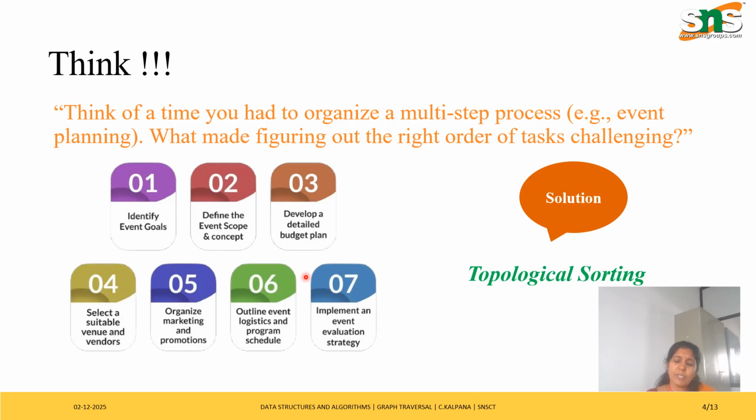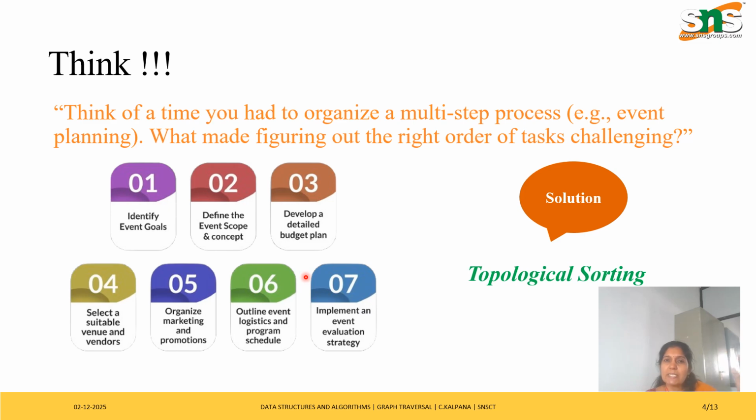Just imagine, to make the event happen, we are following these steps. These steps are dependent, which means first we set the goal of the event. Once we set the goal, we decide the scope, and then comes budgeting, and then the venue and all those scheduling things, then logistics and the event implementation.